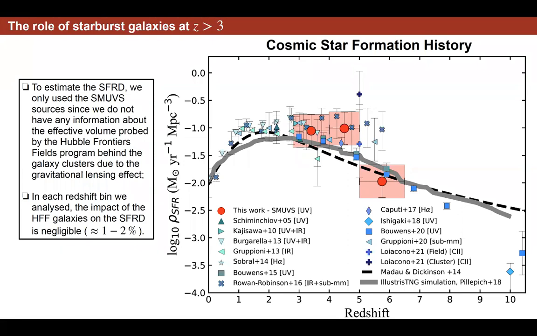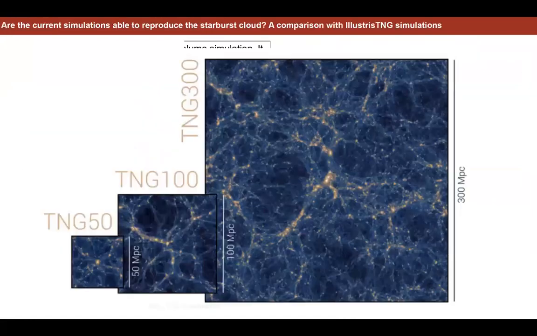Yes. And the comment is that what you find regarding the galaxy evolution models is, in a sense, similar to what we found with Herschel, that models were not able to reproduce the bright end of the far-infrared luminosity function.